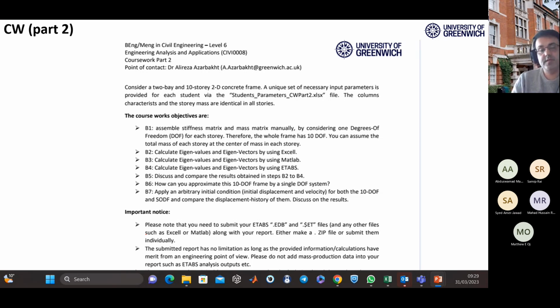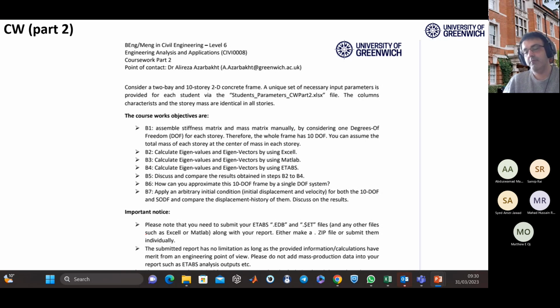What you will do in the B7 section is that you have two different structures. The first one is your 10-story frame building that you have used for different purposes from B1 to B6. And the second one is the idealized single degree of freedom system you came up with in section B6.